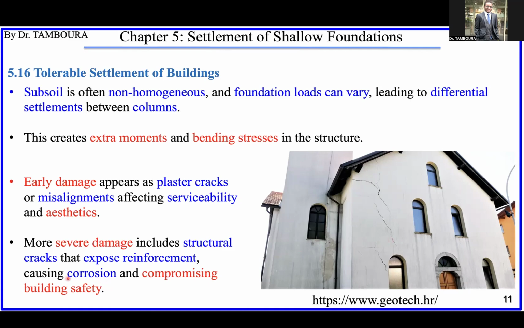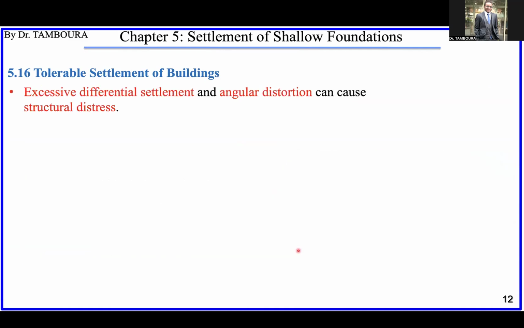Okay, and that will definitely compromise the safety of the building and it will not be safe to be inside anymore. Okay, so if you have excessive differential settlement and angular distortion, don't worry, we will define what is angular distortion soon.